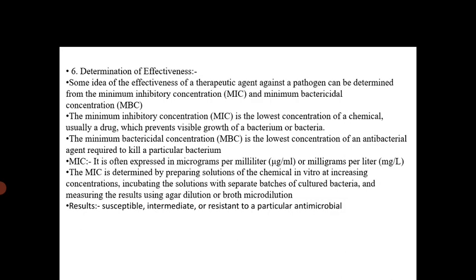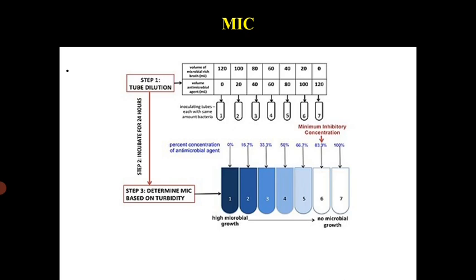And the MIC results will be like if it is susceptible, intermediate or resistant to a particular antimicrobial agent. Okay. It is often expressed in micrograms per milliliter or milligrams per liter. Now, one more thing.